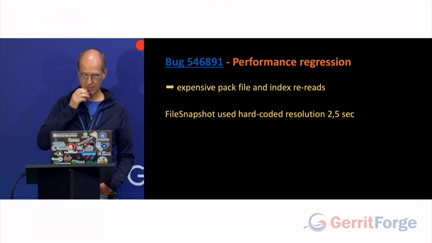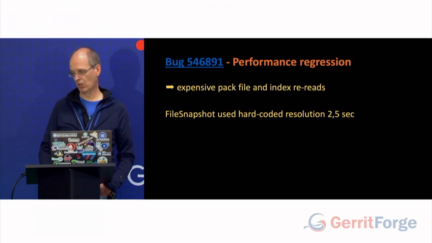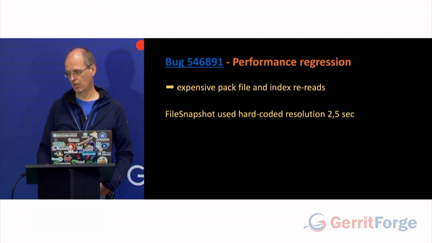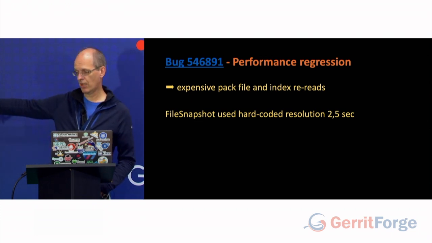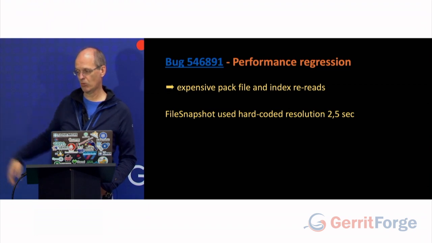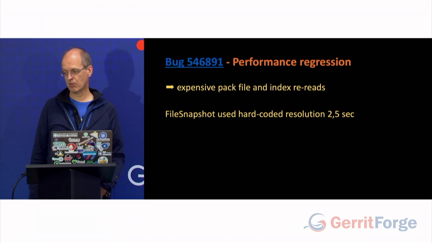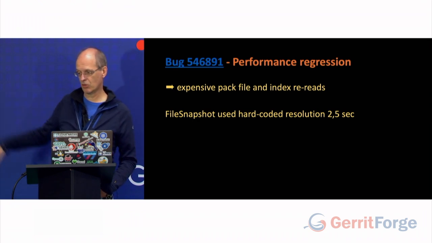And the reason for that was that file snapshot assumed that this resolution of timestamps on the file system is 2.5 seconds, hard-coded. This is just assuming the worst case, so the file system with the worst resolution is the FAT file system with 2 seconds, and this half second is just some safety margin.